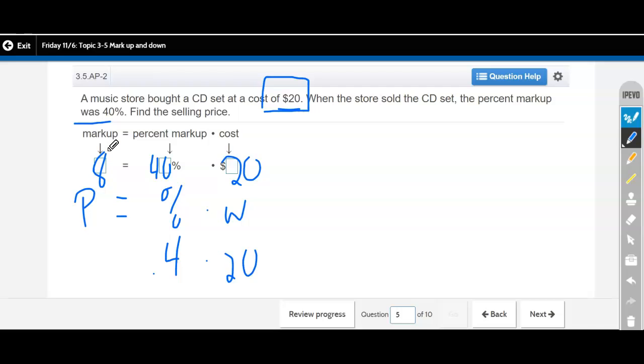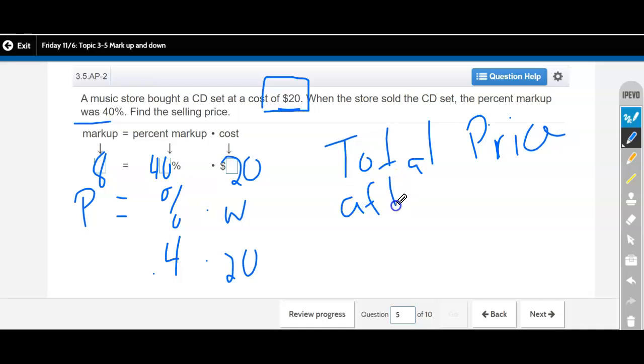Then, if we're looking for the total price, so if they say total price after the markup or markdown or discount, we got a second step now. In this case, it would be the total price after the markup.